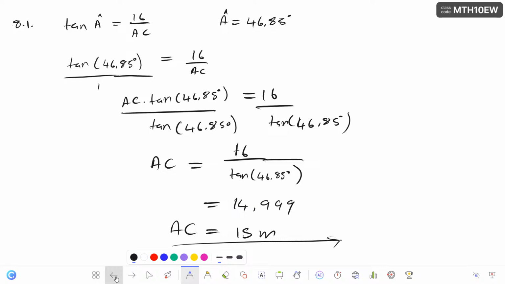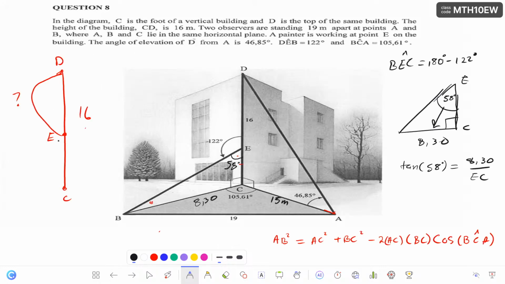So let me explain again here. We have this length, which is 5.19, and we are looking for ED, and we have this length DC.